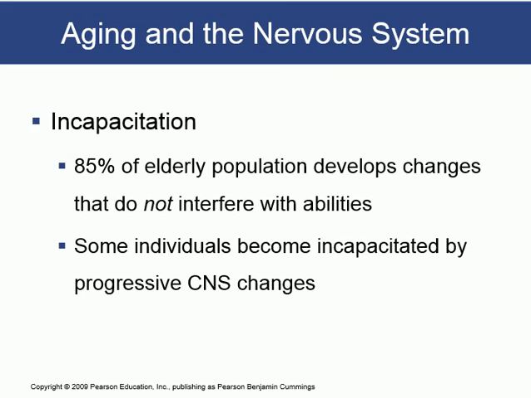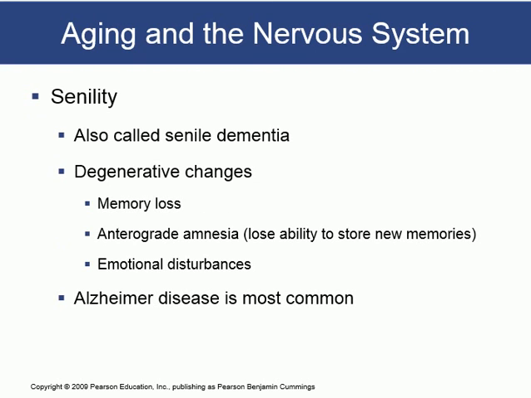Incapacitation is a term that means problems or changes that actually interfere with their abilities. If the changes did not interfere with the ability, that's something else. But if it interferes with the abilities, it's too progressive, that's incapacitation.